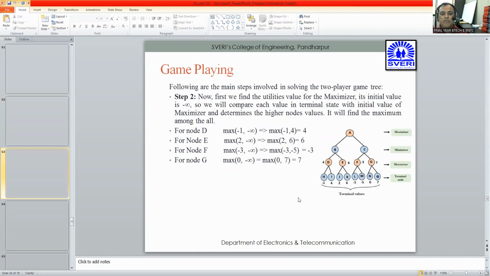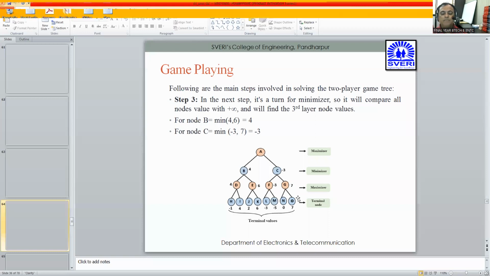If you consider node D, it starts at minus infinity, and in this case the values are -1 and 4, out of which the max will be 4. Similarly, for E, max is 6. For node F, max is -3. For node G, max is 7.